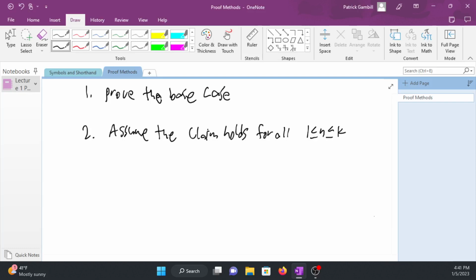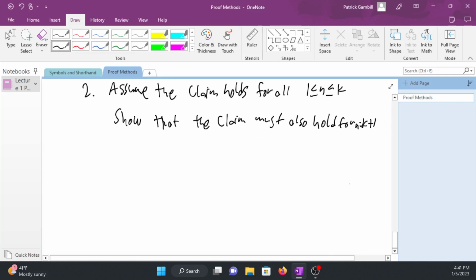Some people swap the k and n, and we'll state it clearly before we do this step anyways. If you assume this is true, though, you need to show this implies that the claim must also hold for k plus 1, when n is equal to that one.